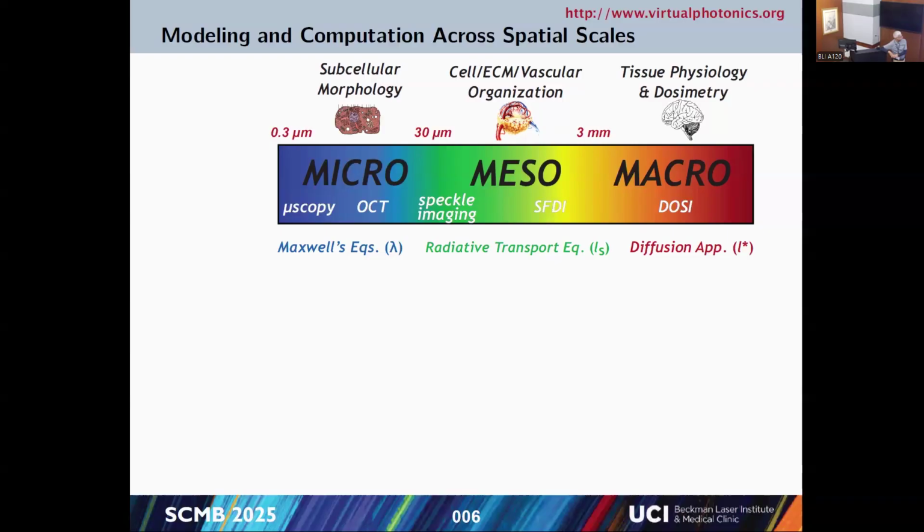And L sub s is a spatial scale that is linked to the mean distance a photon travels within the tissue before it gets scattered. That tends to be on the single to tens of microns. And then the loss of directionality occurs after you've undergone multiple scattering events. And that's given by what's called the transport mean free path, L star. And we'll talk about those in more detail in just a bit.